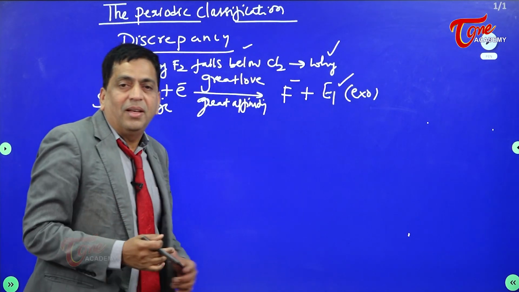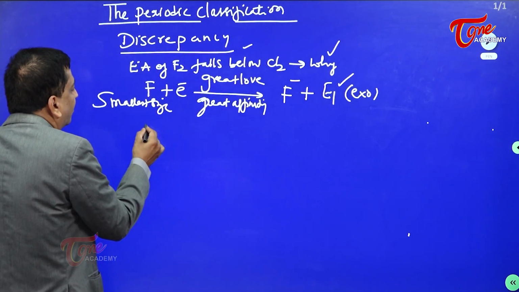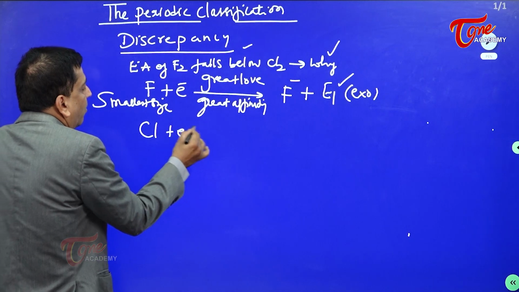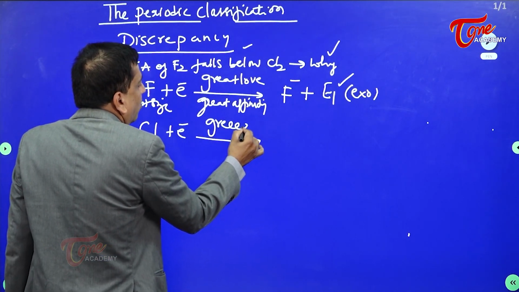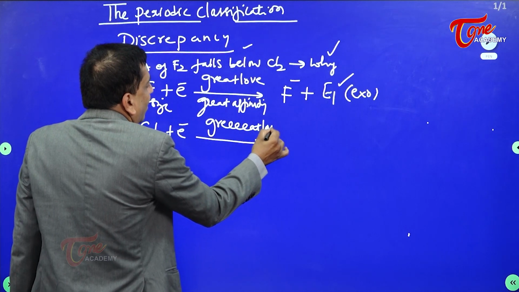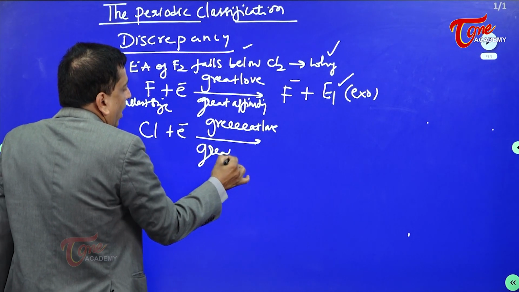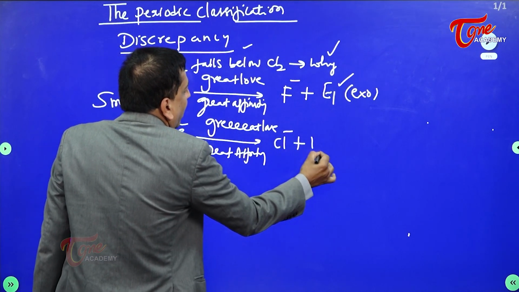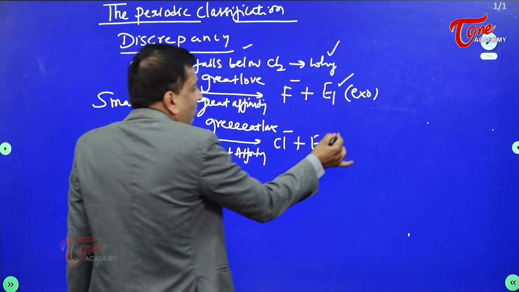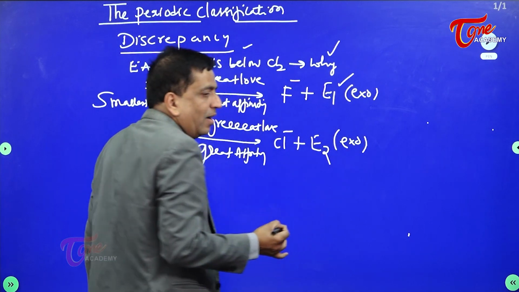But take the case of chlorine here. If you put an electron, it also has great love, a great affinity. It also forms Cl minus, and this is E2, and this is also exothermic, right?